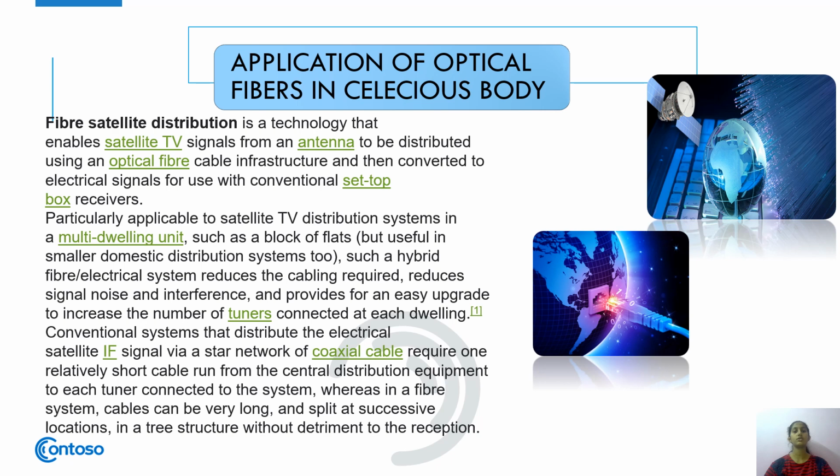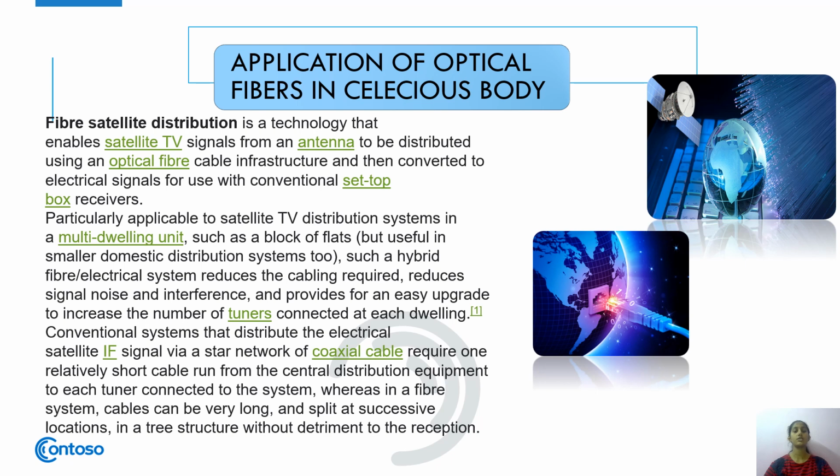It is particularly applicable to satellite TV distribution systems in a multi-dwelling unit such as a block of flats. Such a hybrid fiber electrical system reduces the cabling required, reduces signal noise and interference, and provides for an easy upgrade to increase the number of tuners connected at each dwelling.